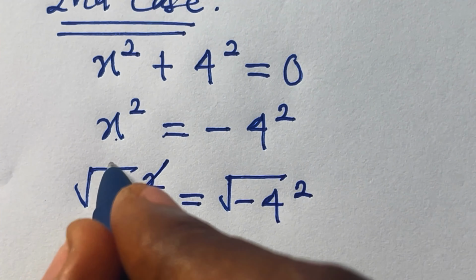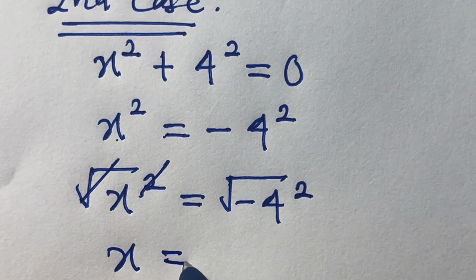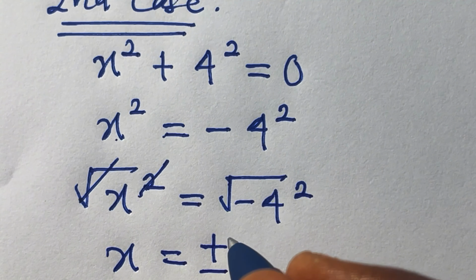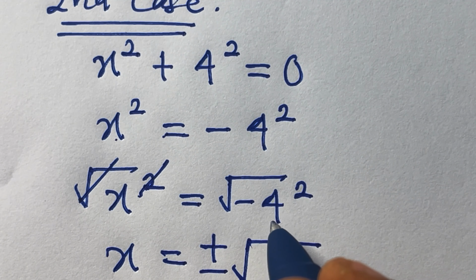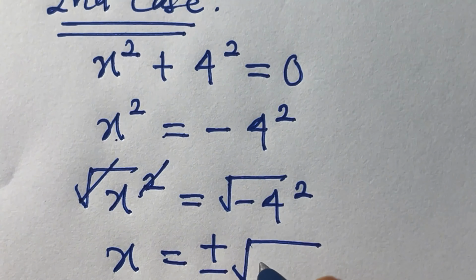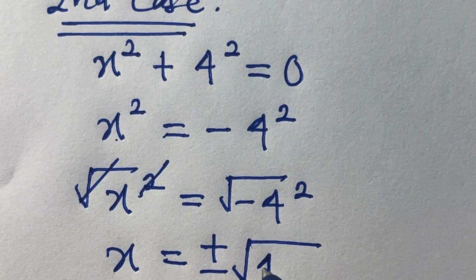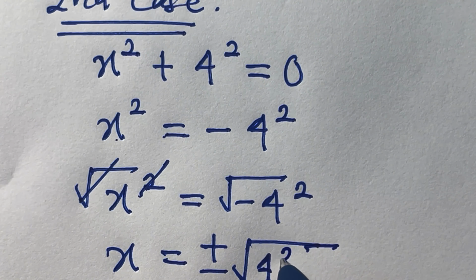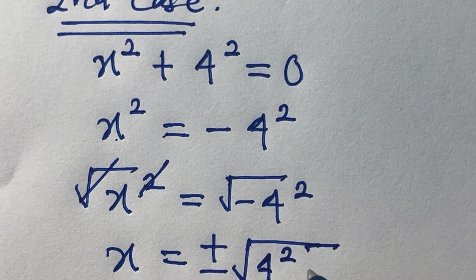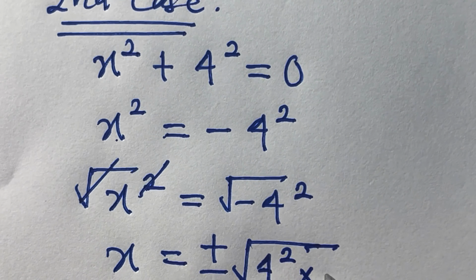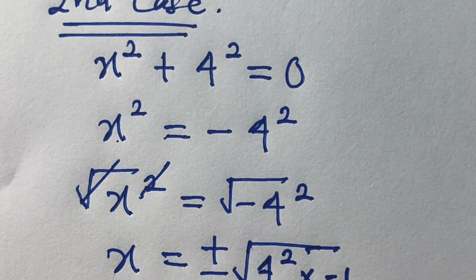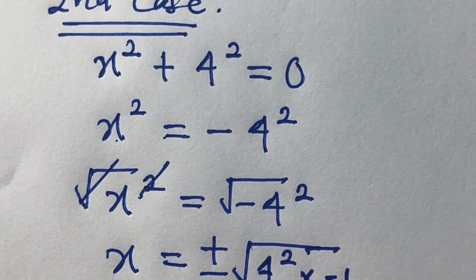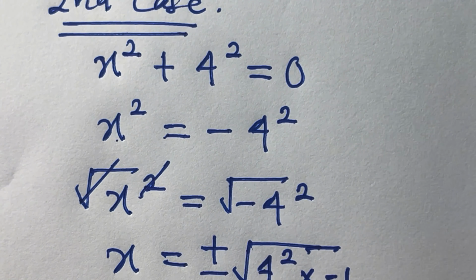We cancel out this, so we have x equals plus or minus square root of 4 square times minus 1. So here we have x equals plus or minus square root of 4 square times square root of minus 1.